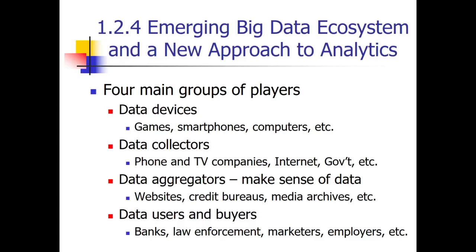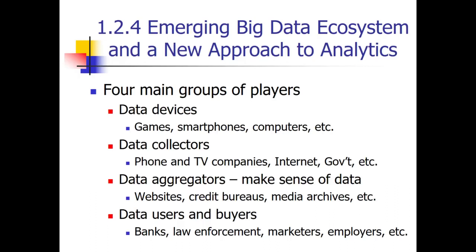Finally, data users and buyers. Obviously, all the end users come under data users and data buyers. Sometimes the data is sold to some other person. For example, I have a consultancy company with the data of 1,000 people with phone numbers. I want to close my company.